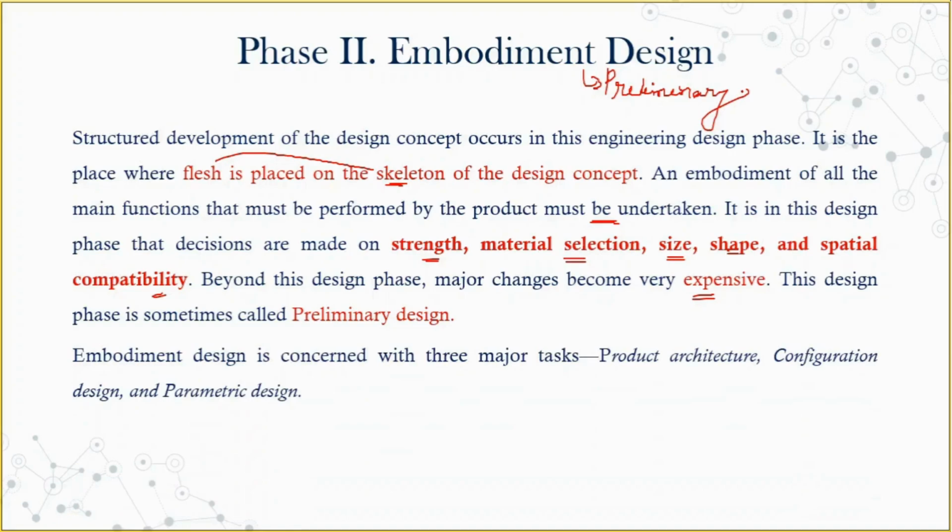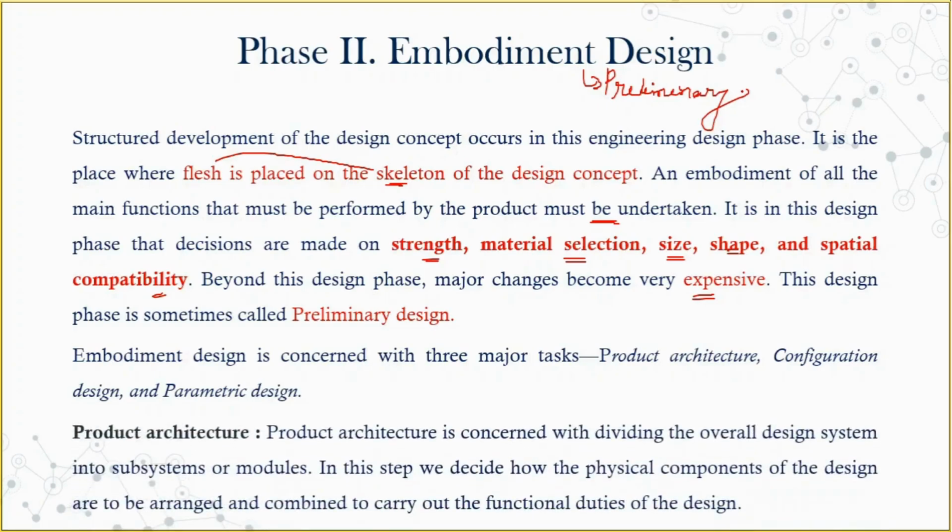Basically the embodiment design phase is categorized into three categories: product architecture, configuration design, and parametric design. So what is product architecture? There are two types of product architecture: the first type is modular design, and the second one is integral design. Ultimately, product architecture is how you are placing the systems of that particular product.